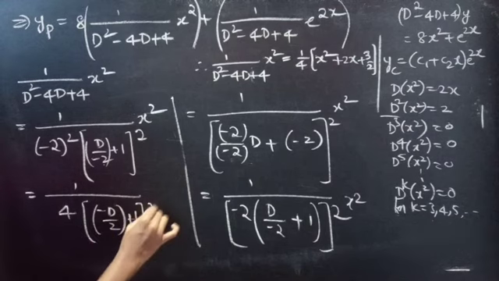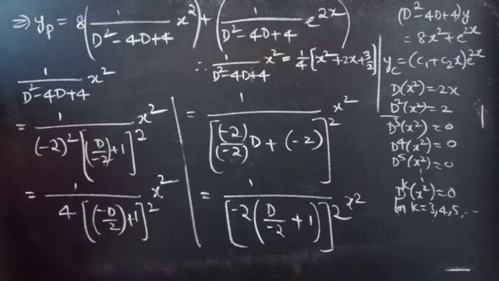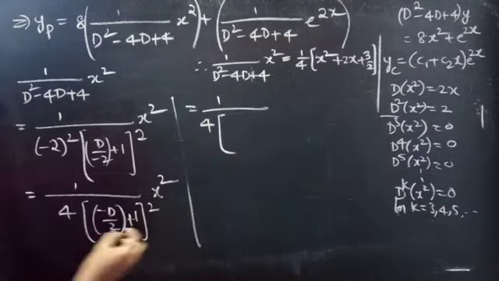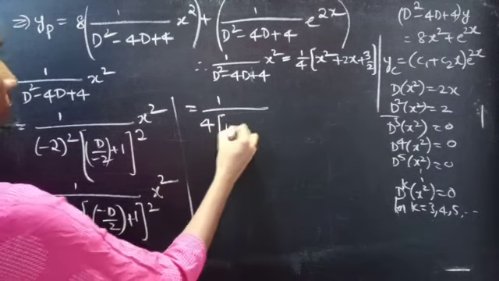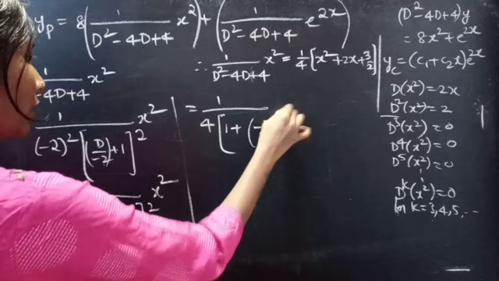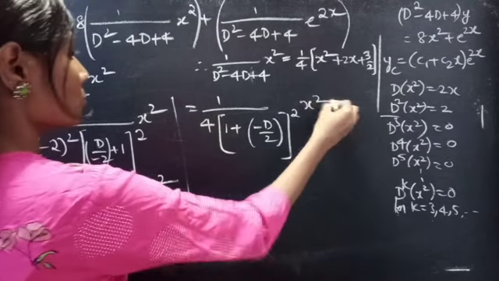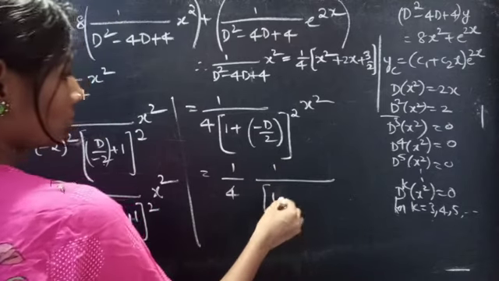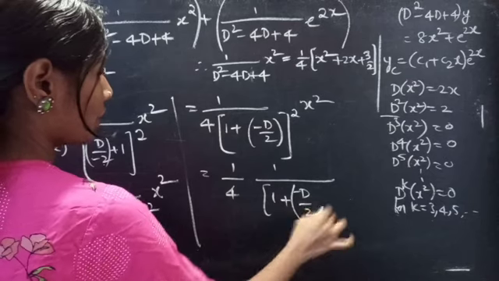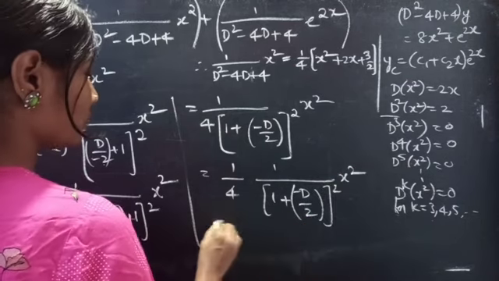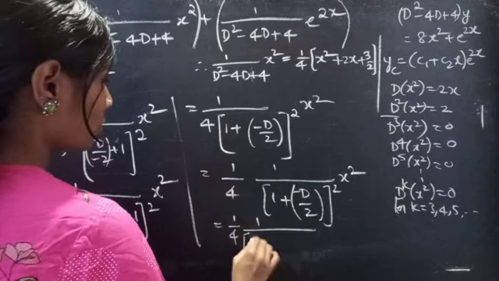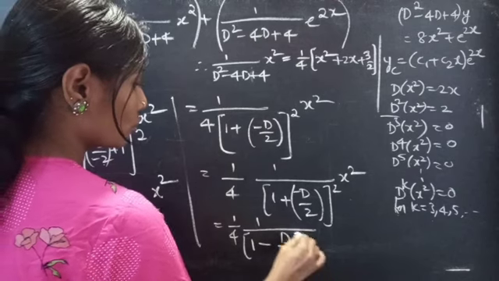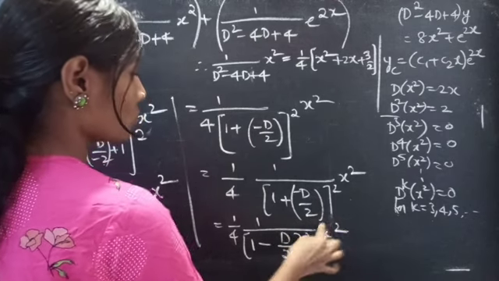Plus 1 whole square into x square, which is equal to 1 by 4 into, we can write x plus 1 as 1 plus x, right? Whole square into x square is equal to 1 by 4 into 1 by 1 plus minus d by 2 whole square into x square, right?